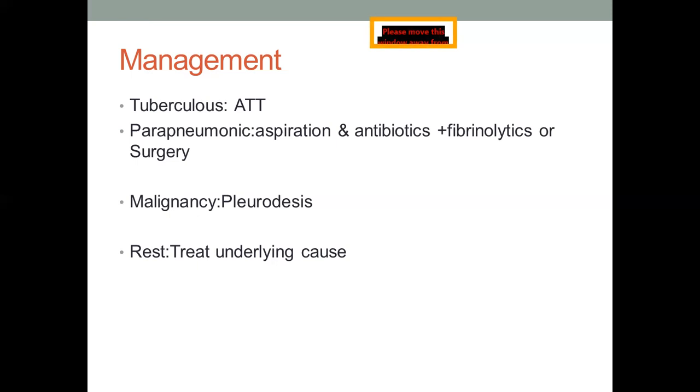And malignant pleural effusion, when pleural effusion comes in malignancy, then that is stage 4 malignancy. So the treatment is palliative. In that case, a chest tube is passed and pleural fluid should be drained and pleurodesis should be done.